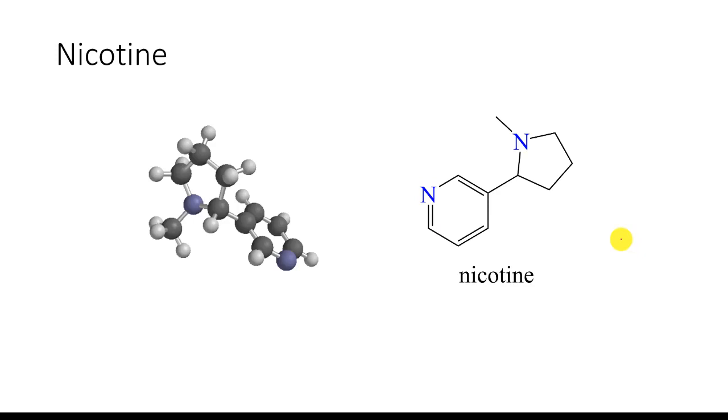A couple of amines that I think you are probably familiar with are ones like nicotine, which is the addictive substance in cigarettes and tobacco. It includes a tertiary amine, and it also includes this aromatic amine within a pyridine-like ring.